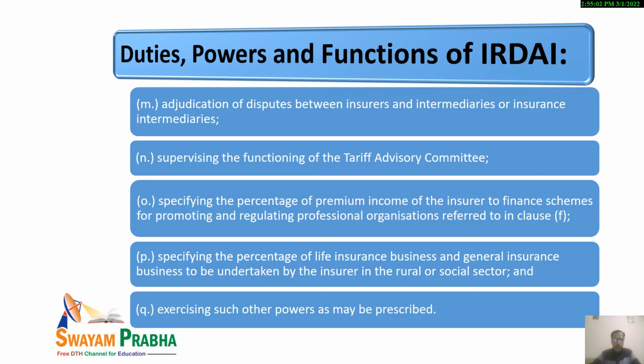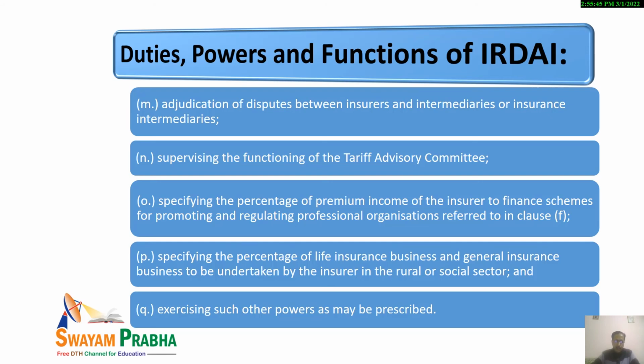Then again, IRDAI is empowered to specify the percentage of premium income of the insurer to finance schemes for promoting and regulating professional organizations, regarding which we have already discussed in clause F. So some percentage of premium income may be stipulated, may be prescribed, to finance these schemes.